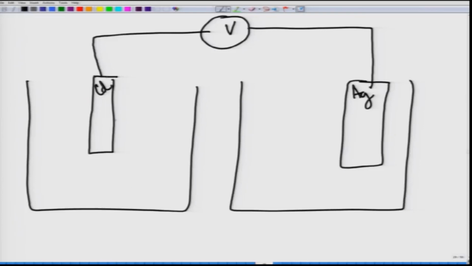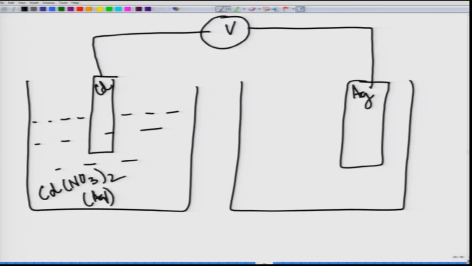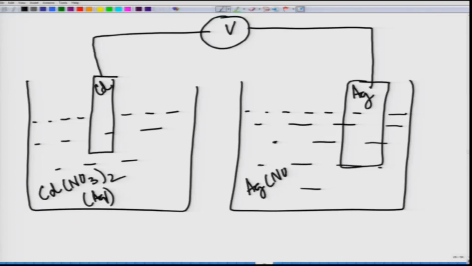The cadmium is dissolved in cadmium nitrate, Cd(NO3)2, which is aqueous, whereas Ag is kept in AgNO3, which is also aqueous.